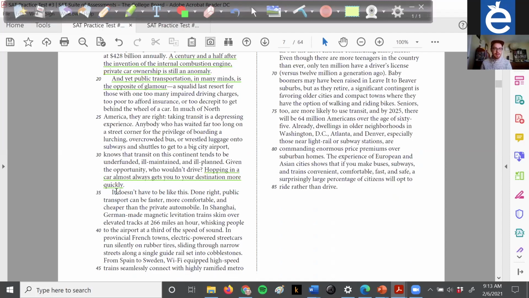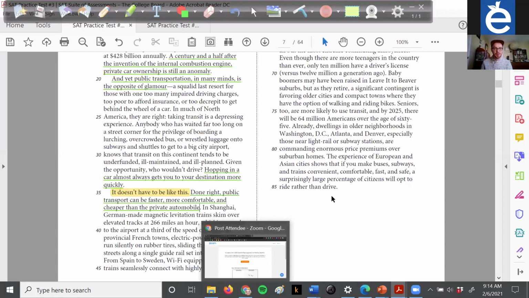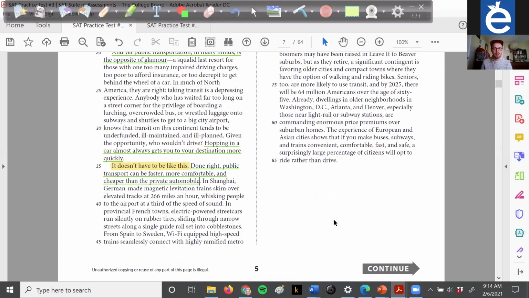Okay, this is huge. Now we're moving from the status quo to something new. And I might even keep reading here. Done right, public transportation can be faster, more comfortable, and cheaper than the private automobile. All right, that's our thesis, right? That's probably this whole paper in just one sentence.